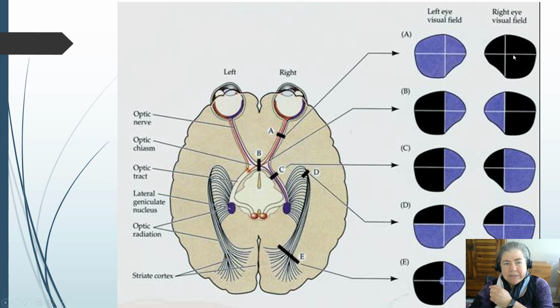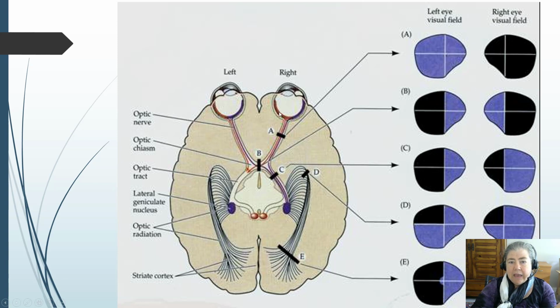If you were to sever this tract, you'd lose everything that you would see on the left side. So these are different kinds of field cuts that can result in visual problems when there is damage to the optic nerve, to the optic chiasm, to the optic tract, or to the optic radiations, these fibers coming out of the lateral geniculate body, or to the visual cortex.